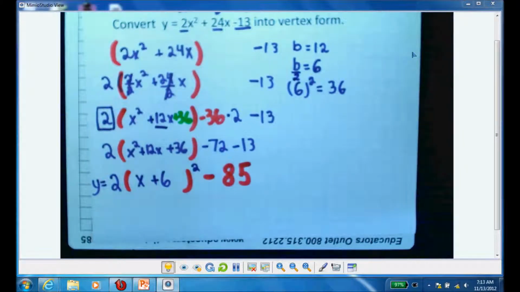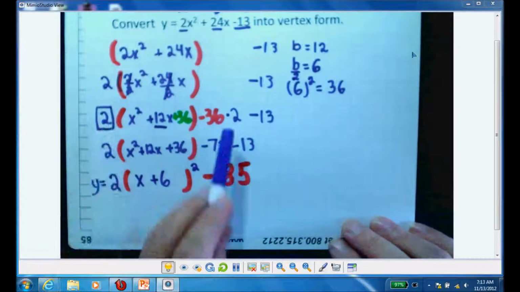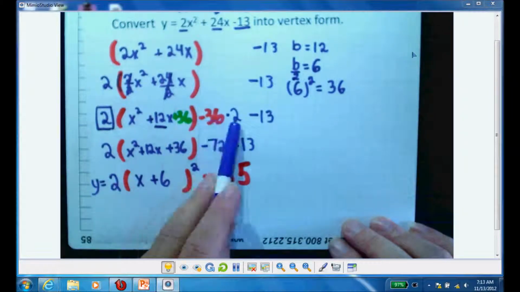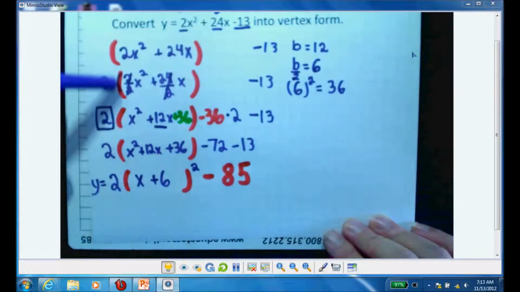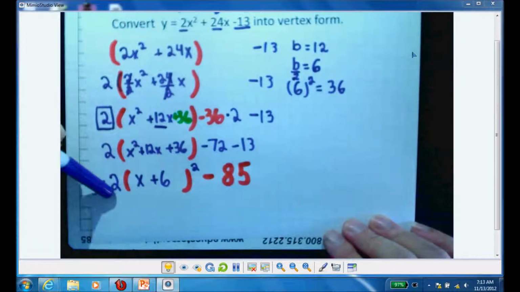So the difference on this vertex problem is that I have to remember about my 2 multiplying by my minus 36. So whenever there's a number in front, you're going to want to follow these steps that we did right here.